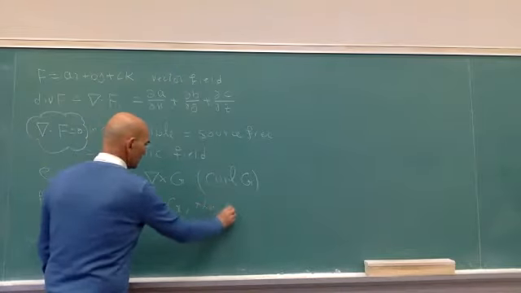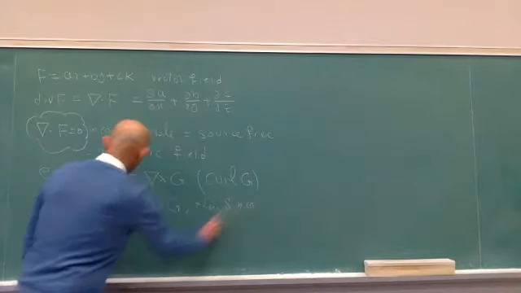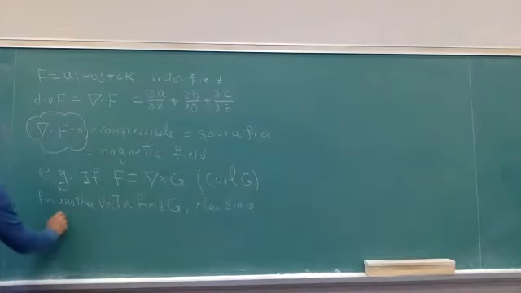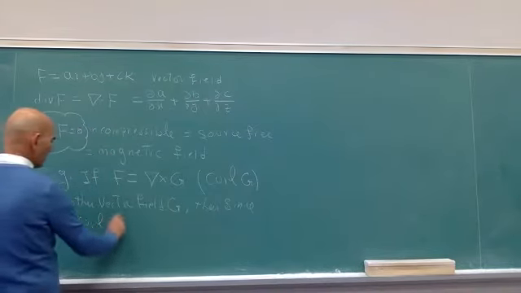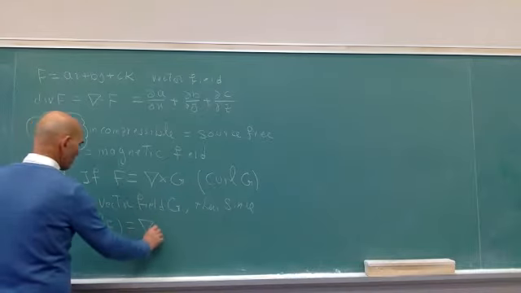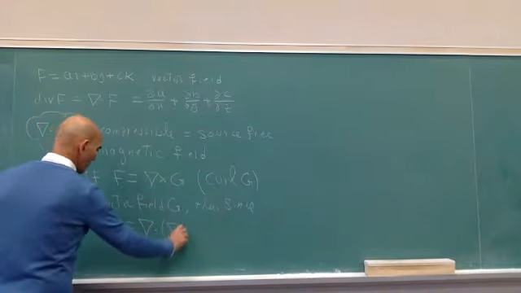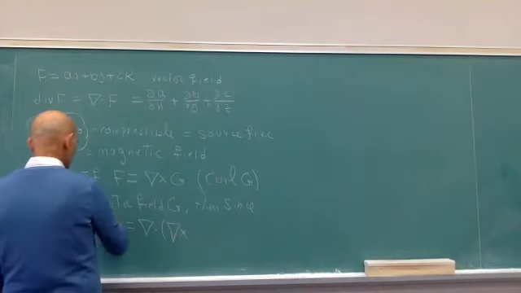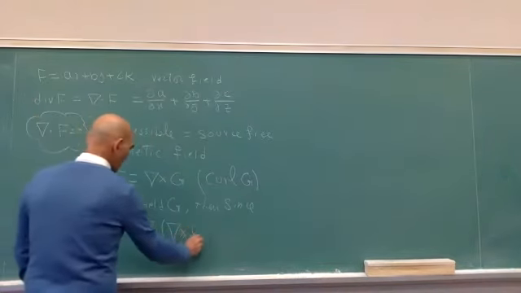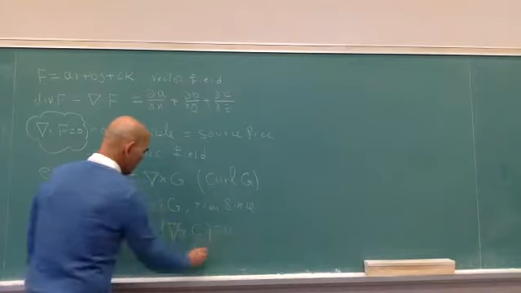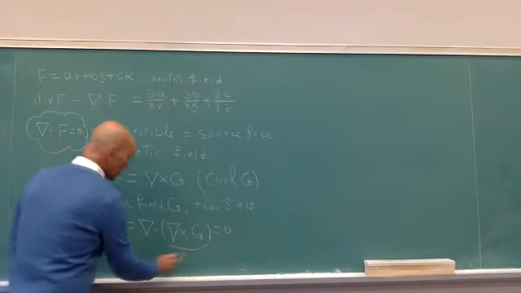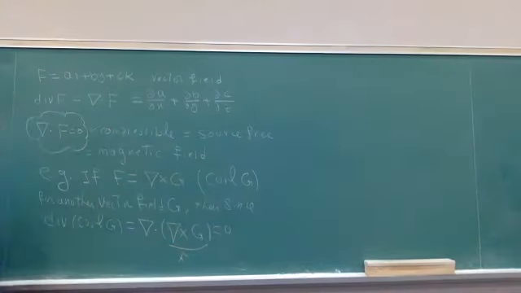Then divergence of F equals divergence of curl of G equals 0, so this vector field F is divergence free. So vector fields that are the curl of another vector field are always divergence free. They are source free. They are magnetic.